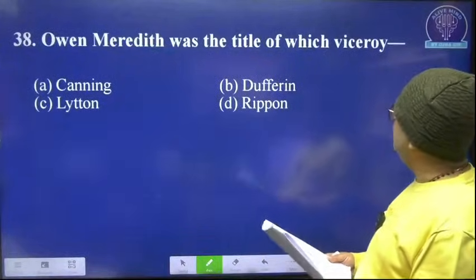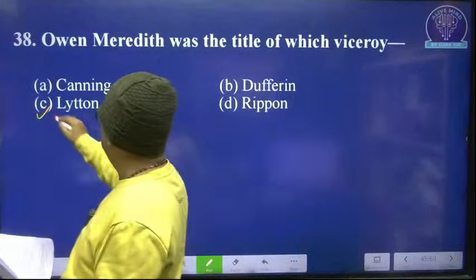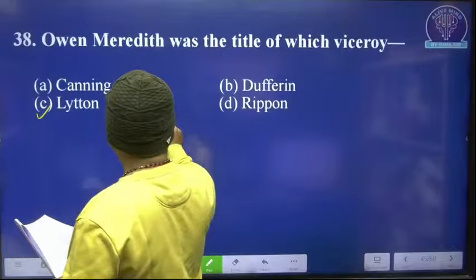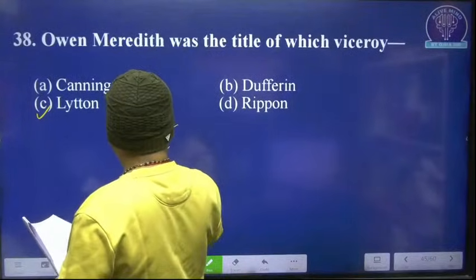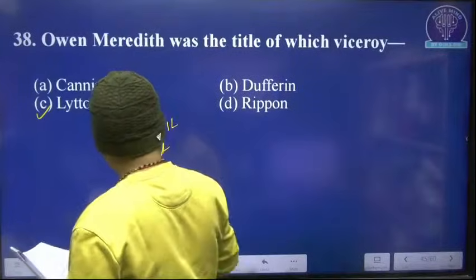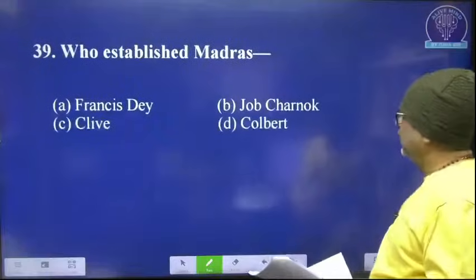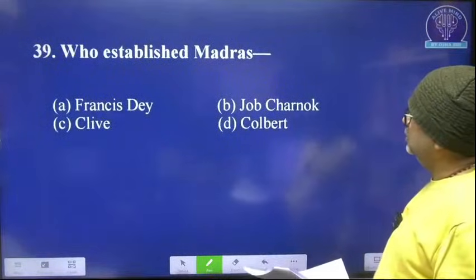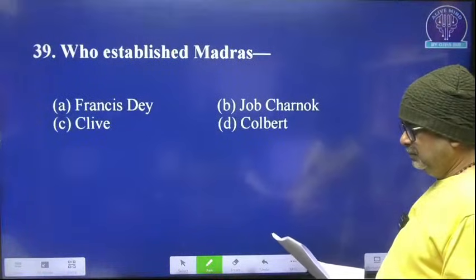Owen Meredith was the title of which viceroy? Lytton. Why? Essayist, poet, novelist. Who established Madras? Francis Day.